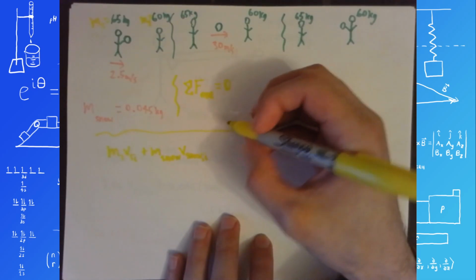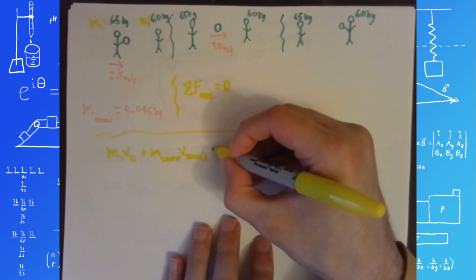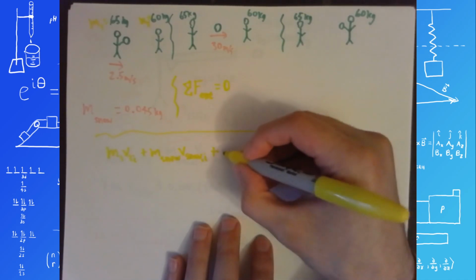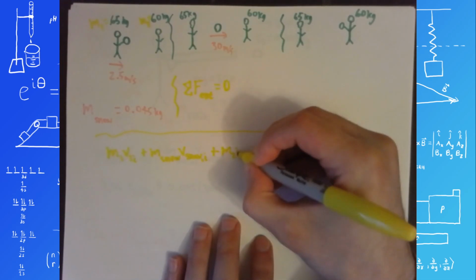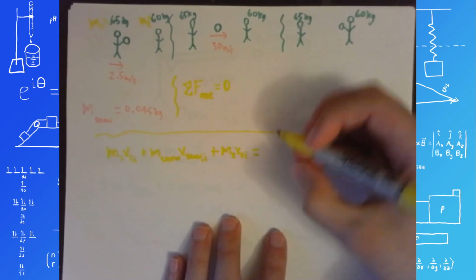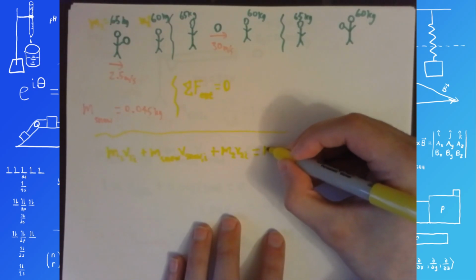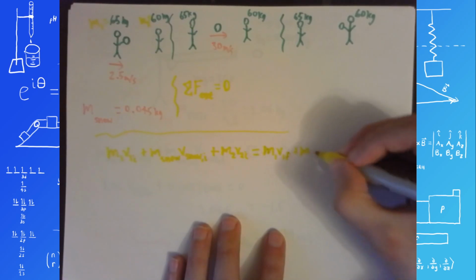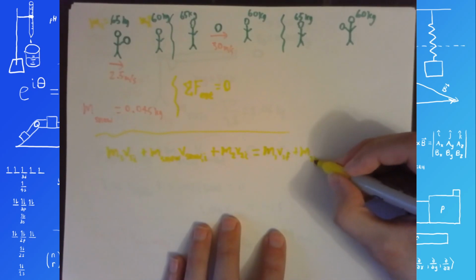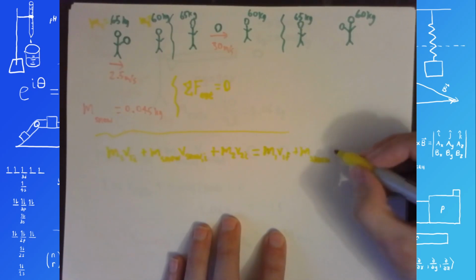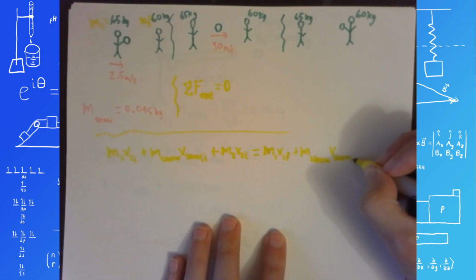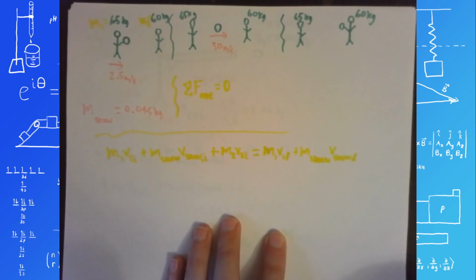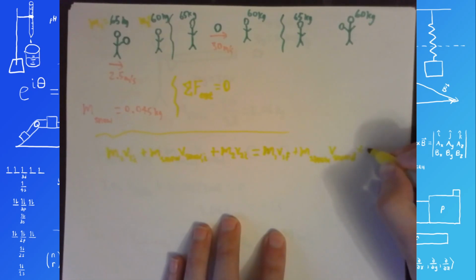If I include him, he'll just be canceled out. Let's go ahead and do that just for the sake of illustration. Plus m2 v2 initial equals m1 v1 final plus m snow. Whoops, snow, not smo. V snow final plus m2 v2 final.